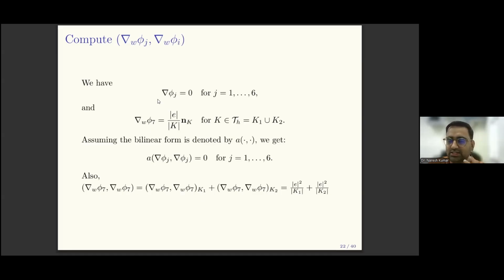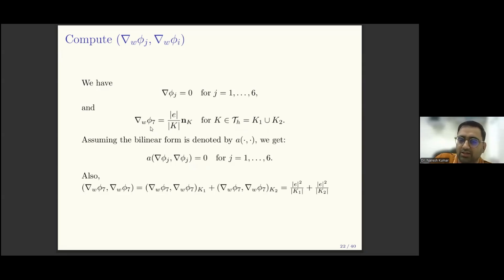So basically, this is the summary: the broken gradient operator for phi 1 to phi 6 is 0, that we already calculated. And the last vector basis function was phi 7. So if you calculate the broken gradient of phi 7, then you obtain the length of the edge divided by the area times the unit normal vector for K. But we are taking the collection of only two elements, K1 union K2.